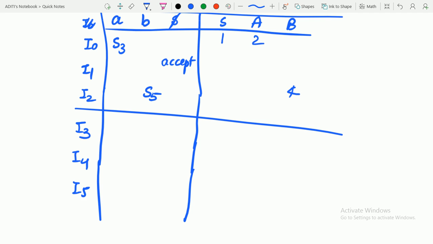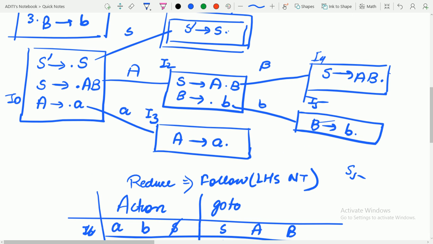For the I3 state, the shift action is the same, but there is a reduce action. Now it's time to open your ears and see each and every part very carefully, because it's very important. Capital A produces small a dot. This is a reduce action, and the reduce action will be placed on the follow of the LHS non-terminal.